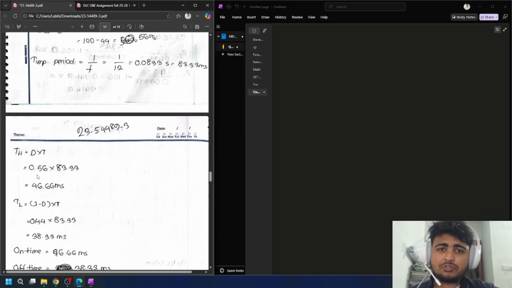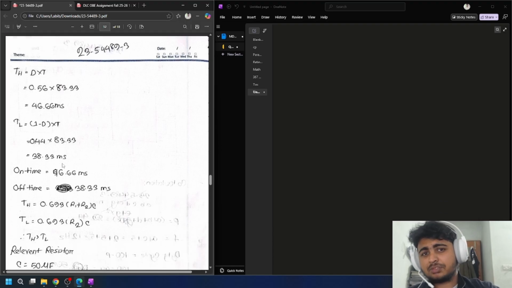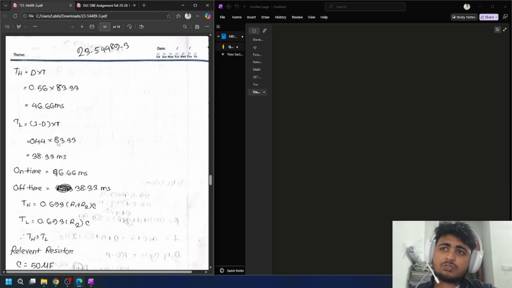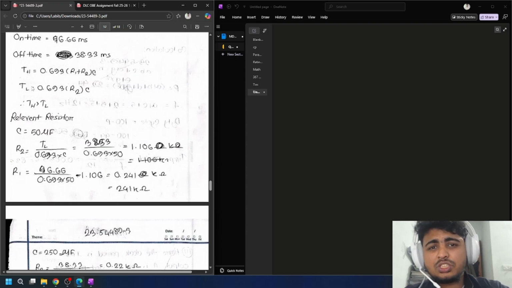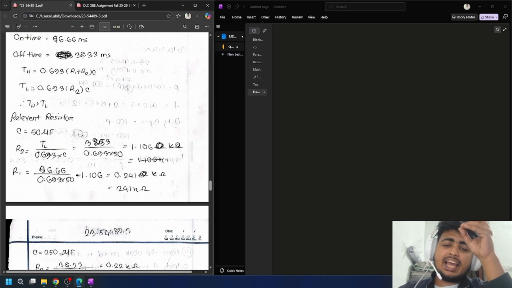We convert it to 0.56 and multiply it by the time period we got from here, and we get 46.66 microseconds. For the low time period we do this equation, where we get 38.33. So the on time is 46.66 microseconds, and the off time is 38.33 microseconds. This is the equation that we already have. As the time high is greater than time low, we get the relevant resistance by calculating through these equations.